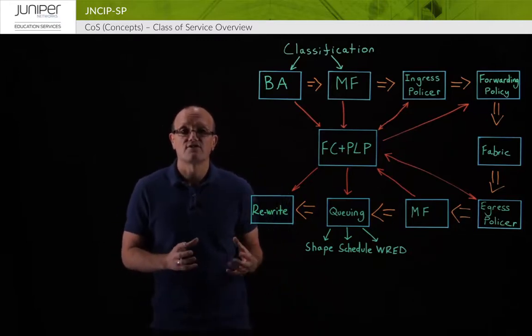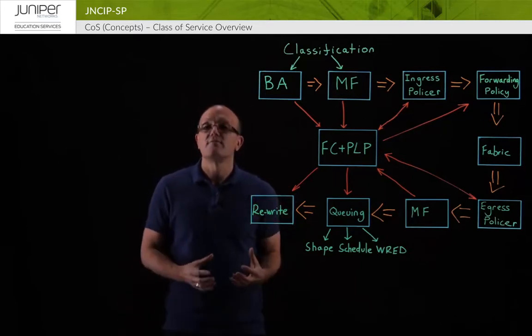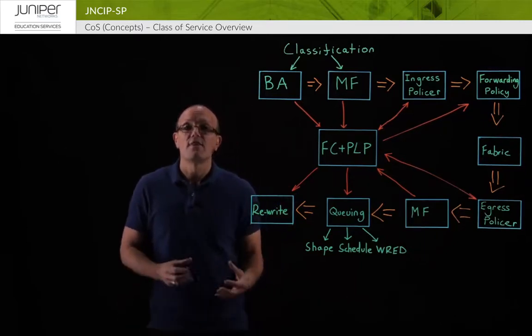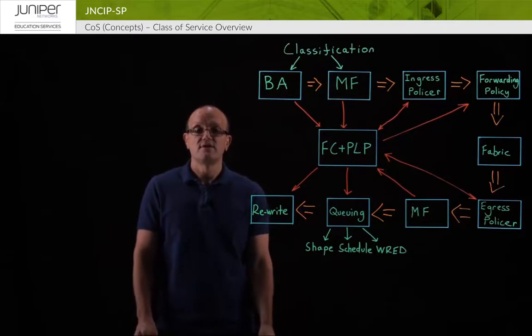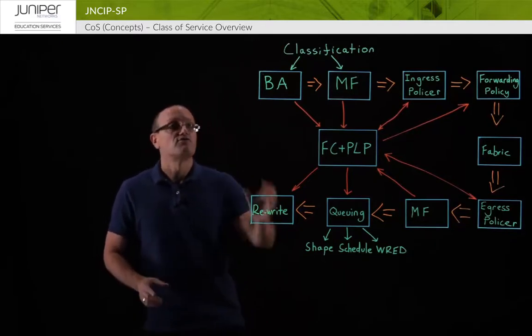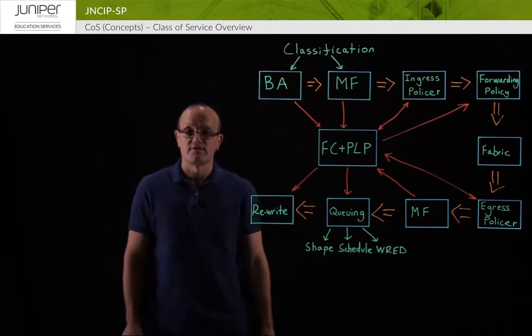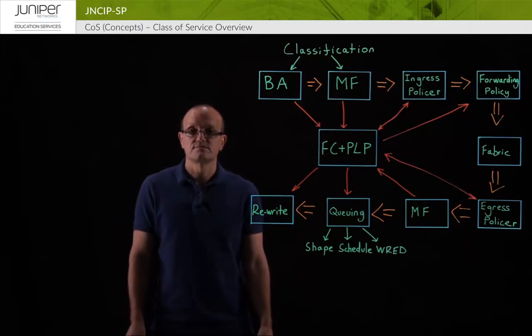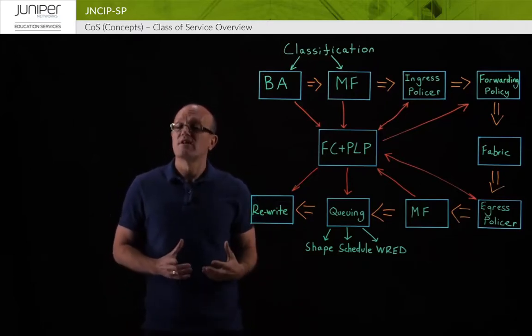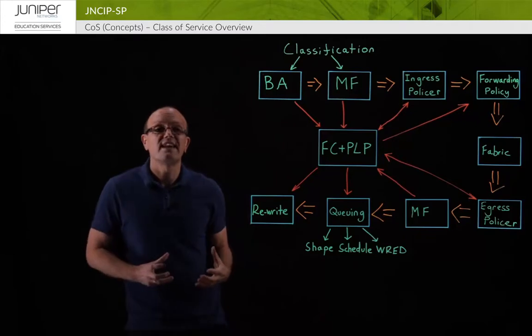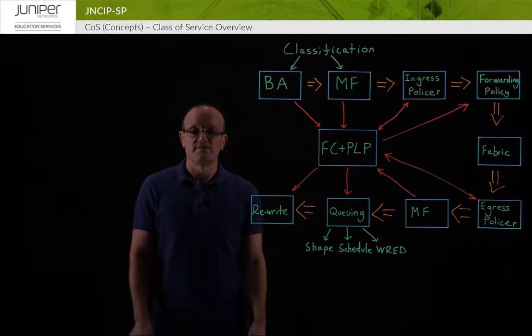And the final action is that we can rewrite some of the marking in the packet so that that marking can be read downstream. So we're affecting how traffic is classified on downstream devices. So that was an overview of class of service and some of the key class of service components on Juniper devices.